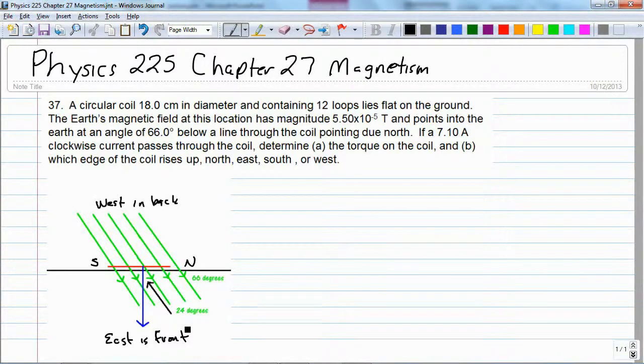Now, if we figure out our right-hand rule, it's going to take a little bit of a trick to think about. We point our fingers in the direction of the current, which is in the clockwise direction, and then through the magnetic field, we see that our force is going to be heading out in this direction.